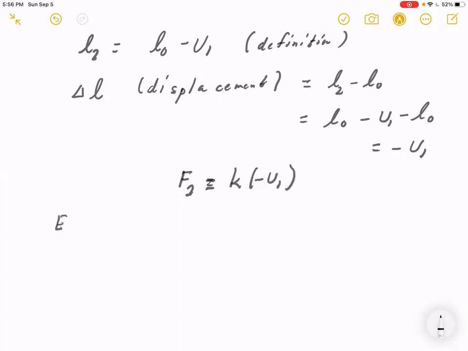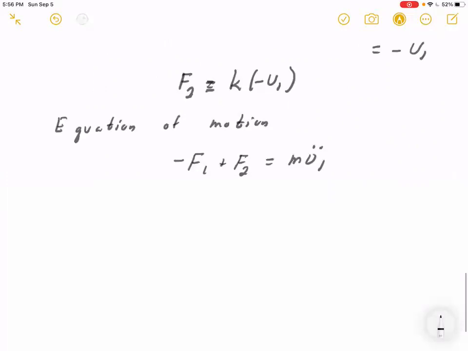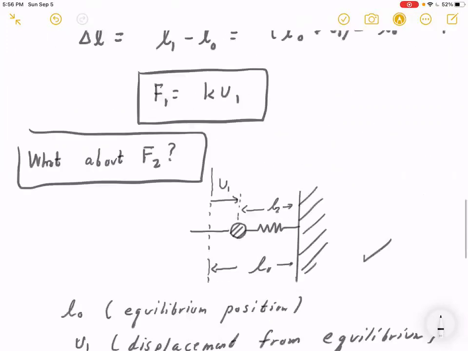So what is our equation of motion? Our equation of motion is minus F sub 1 plus F sub 2 equals the acceleration of the mass times its mass. And F sub 2 we've calculated. Well, let's look at F sub 1 first.